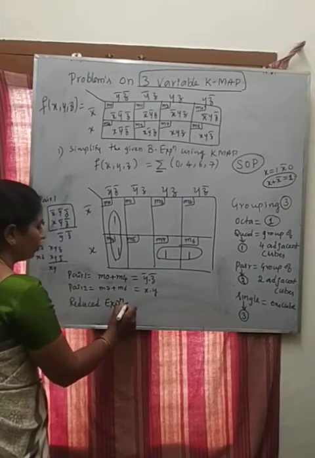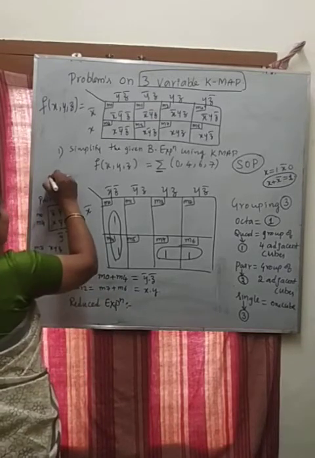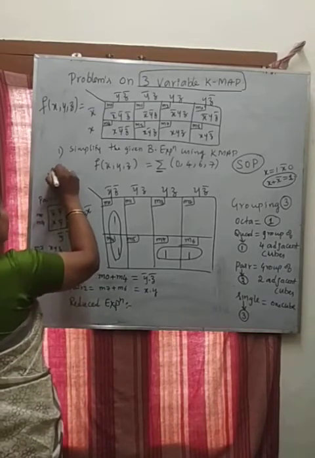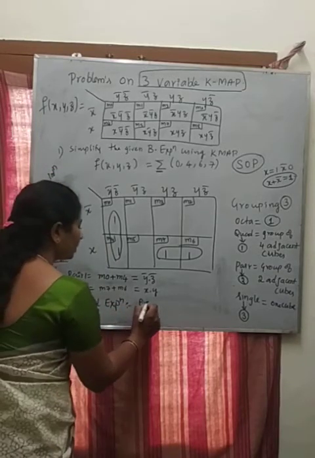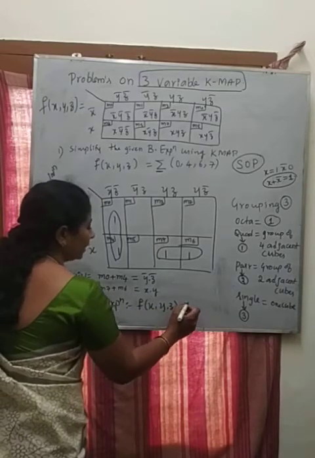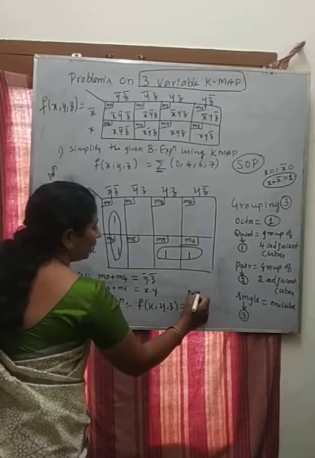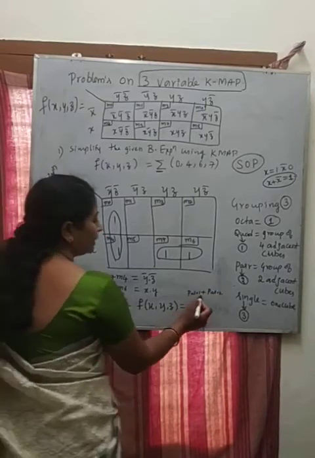Then you need to write the finally reduced expression. This is a short form to write the expression, do you remember the instruction? So like that, here the expression. What is the expression? F of x, y, z is nothing but pair 1 plus pair 2. Why is it plus?